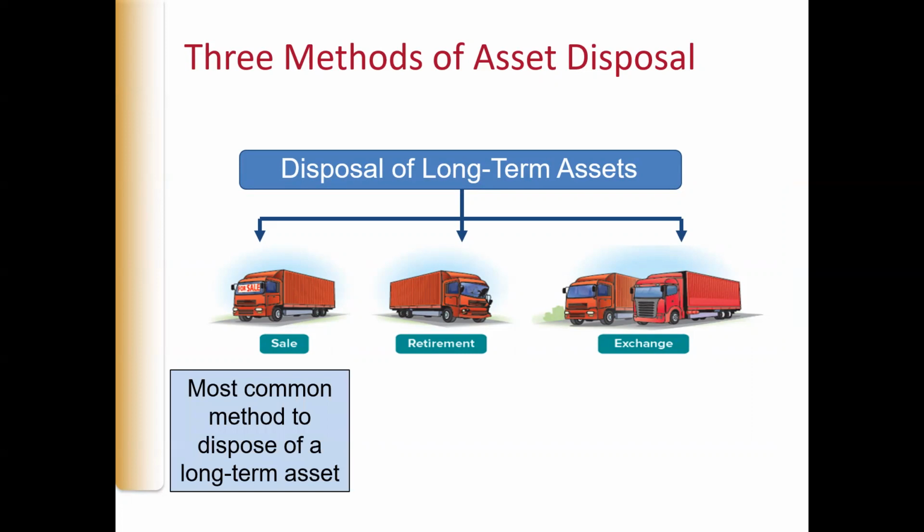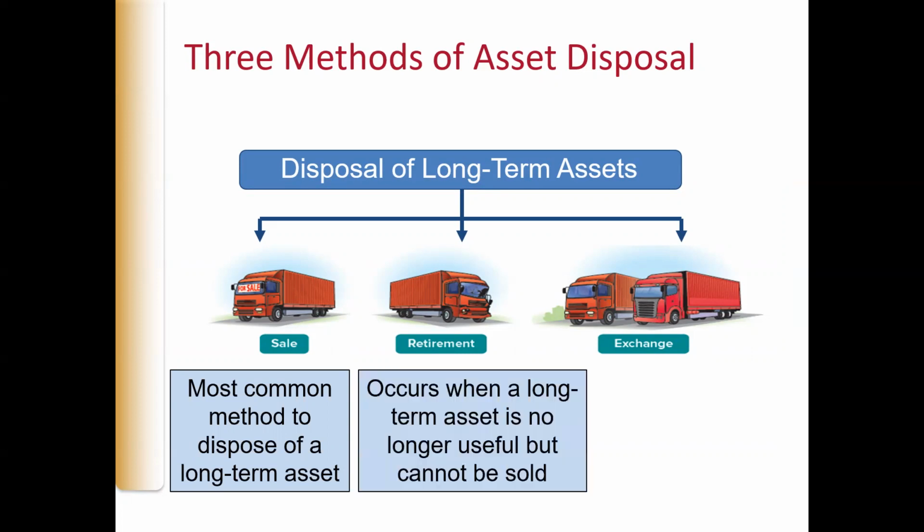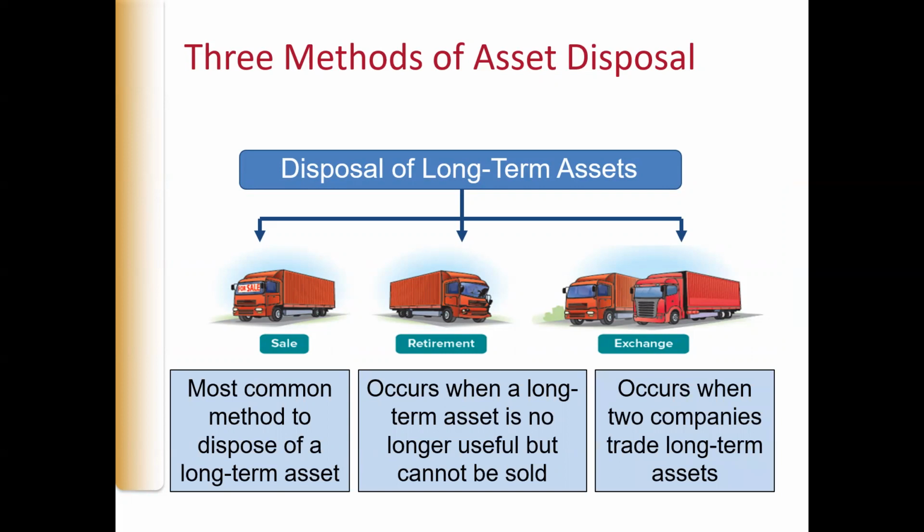When we sell it, we dispose of it by selling it to another buyer. Most common method. When we retire an asset, it's because it can't be sold. It's no longer helpful for anybody. And an exchange happens when 2 companies trade various assets.